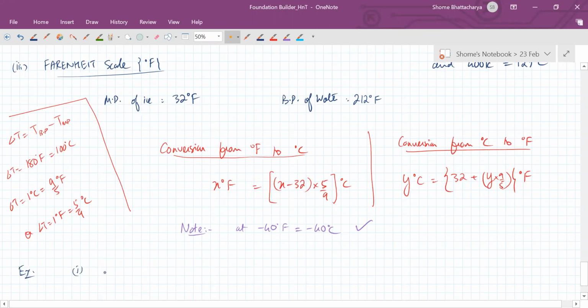Convert 40 degrees C to degrees Fahrenheit and Kelvin, and convert 77 degrees Fahrenheit to degrees C and Kelvin. Just work this out quickly, people.